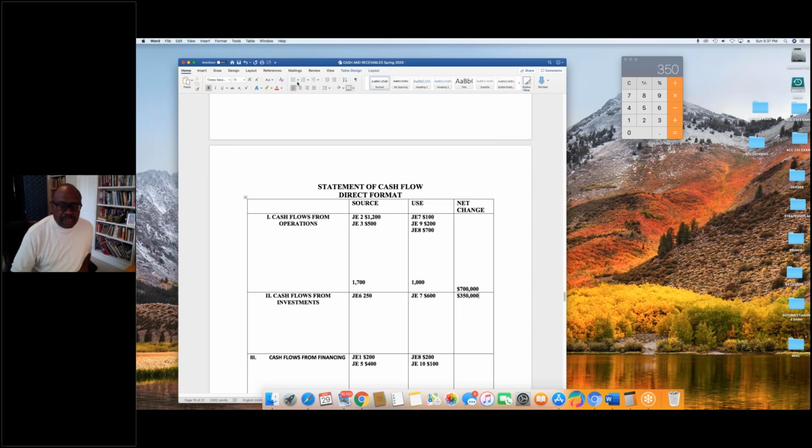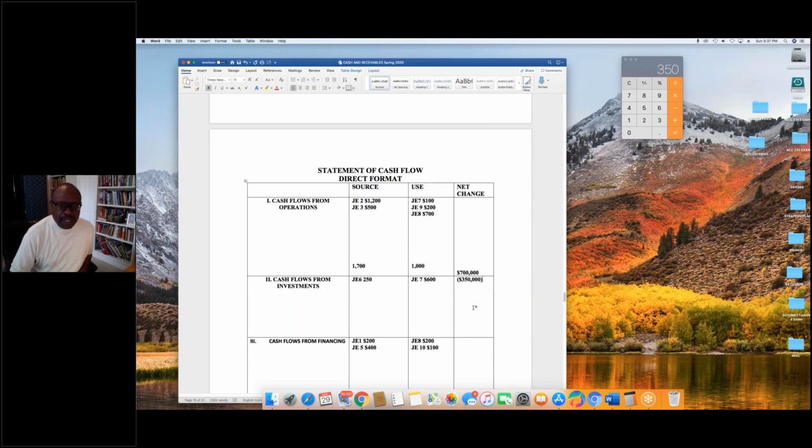So our business had in the second area investments, and because the uses exceed the sources, we're going to put this in parentheses. So when the sources exceed the uses, net change is positive, but if the uses exceed the sources, it's negative.